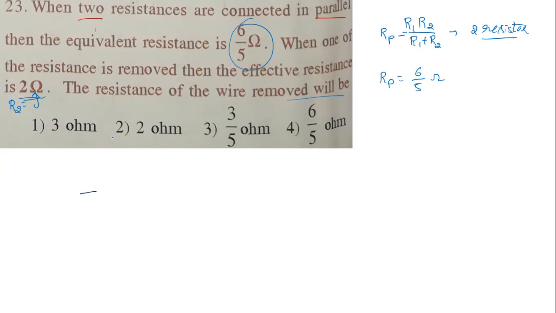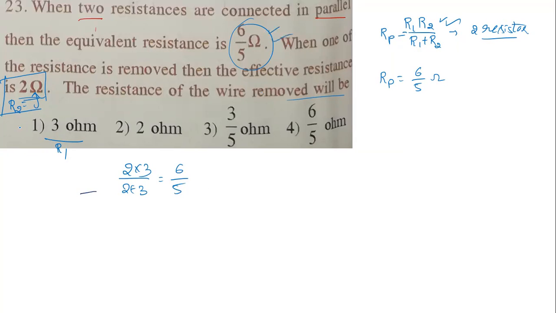One resistance is already given, 2 ohm. We need one more resistance so that I get an effective 6 by 5. Let us choose 3. Definitely it will come: if I take this as R1, then using the formula it will be 2 into 3 by 2 plus 3. 2 into 3 is 6, 2 plus 3 is 5. So you got the answer 6 by 5.